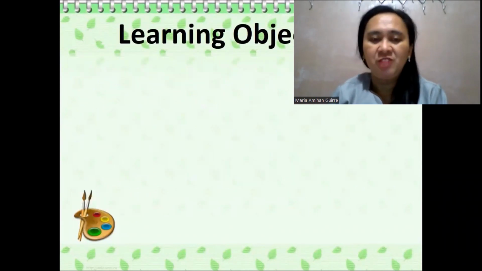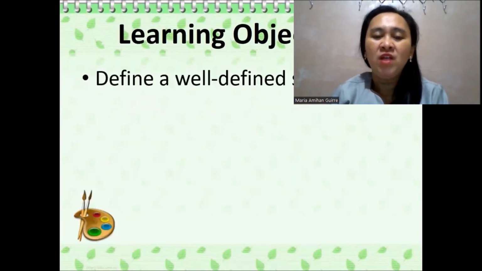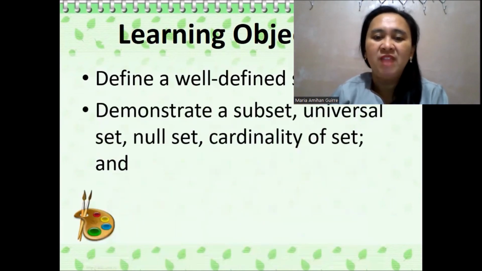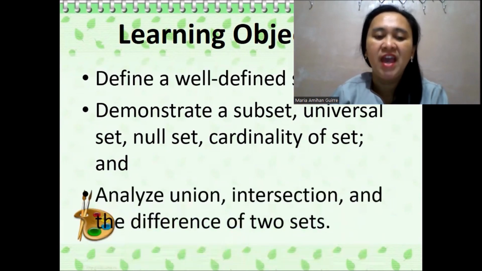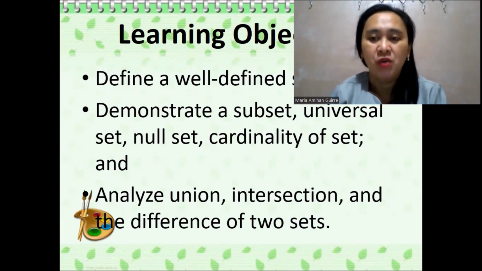Learning objectives: define well-defined sets, demonstrate subset, universal set, null set, cardinality of set, and analyze the union, intersection, complement, and the difference of two sets.